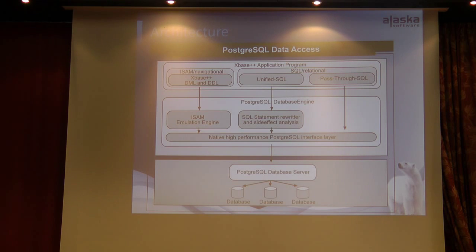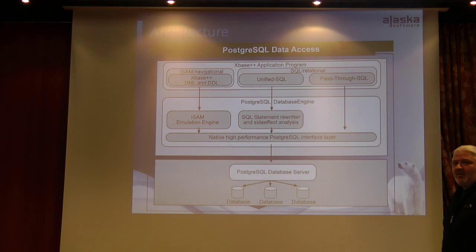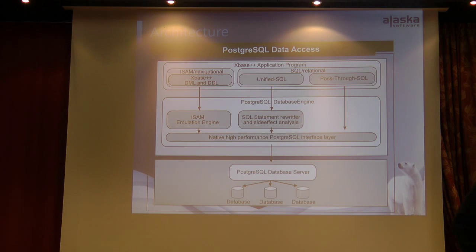The other part is the SQL relational, which includes unified SQL and pass-through SQL. As we learned yesterday, unified SQL is the ability to write the same SQL syntax against different DBMS systems, and it allows us to use SQL very efficiently because we can write it as a natural language construct on the language level, because we have the SQL language inside the Xbase++ language.